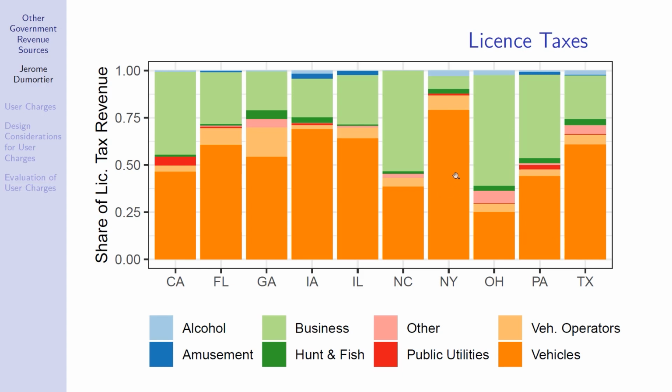For example, New York has a very high share of license tax revenue associated with vehicle registration, whereas in Ohio, this share is relatively small. But then you see that for the majority of states you have revenue from vehicle registration, and also associated with occupation and businesses.